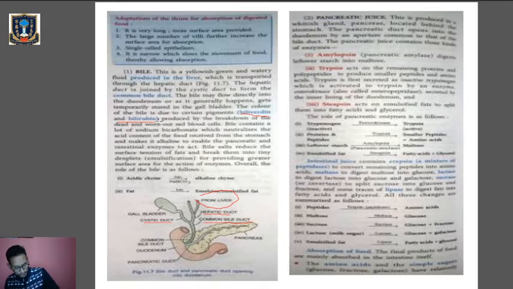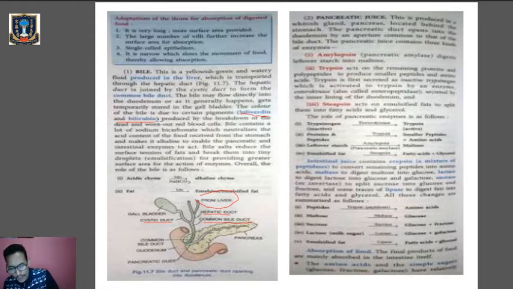Overall, the function of the bile is to convert the acidic chyme into alkaline chyme, because acidic chyme becomes alkaline by the presence of sodium bicarbonate. And the next function of bile is emulsification, where the fat will be changed into emulsified fat. Okay, these are the general functions of bile.